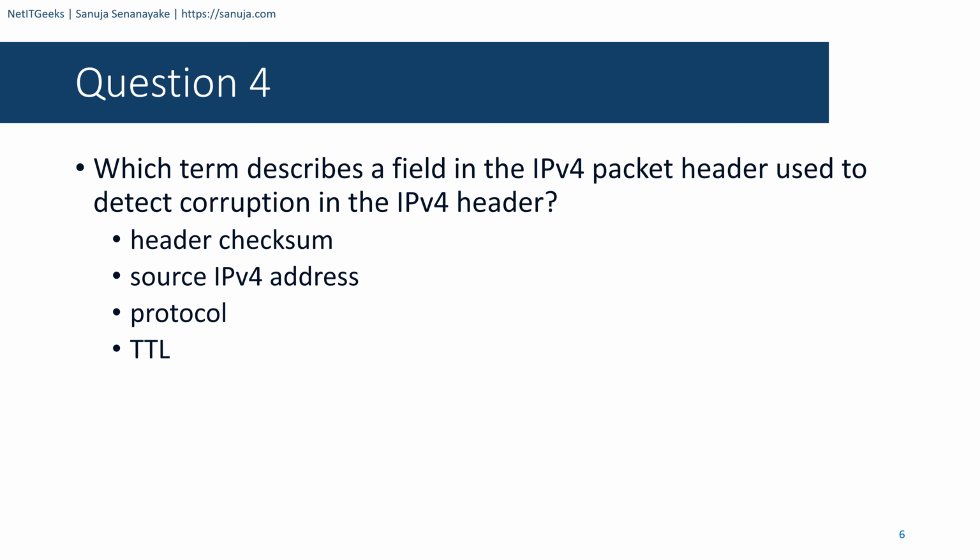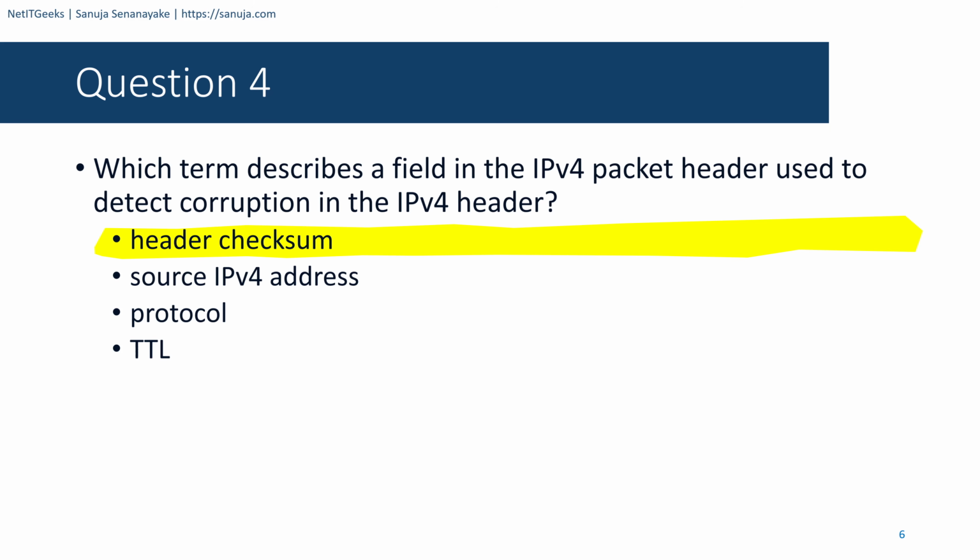The answers could be header checksum, source IPv4 address, protocol, or TTL, which stands for time to live, which you should be familiar with. I'll give you a few seconds to think about it. Again, this is a very easy question if you understand how the IPv4 header works. So the answer to this question is the header checksum.